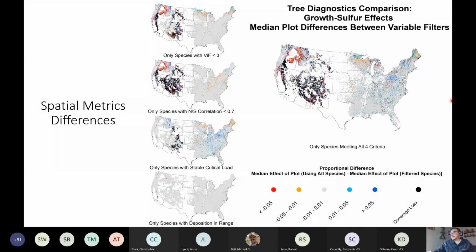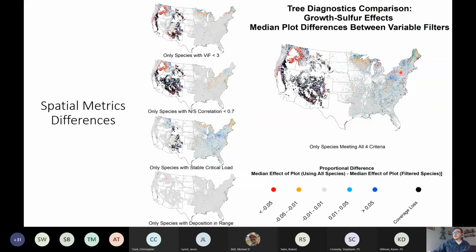And this is what it looks like. So for growth sulfur effects, we have taken a response using all the species, and then we've taken a response using only the filtered species. We've taken the difference of those two. So if it's red, it means that you see less negative impacts or more positive impacts.